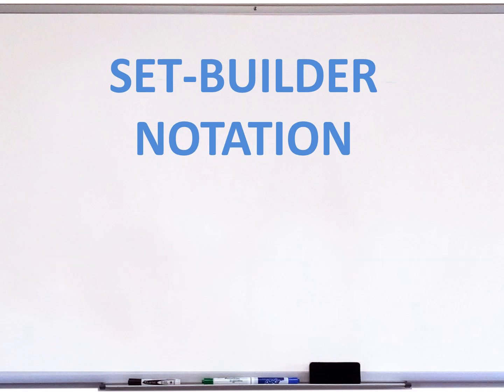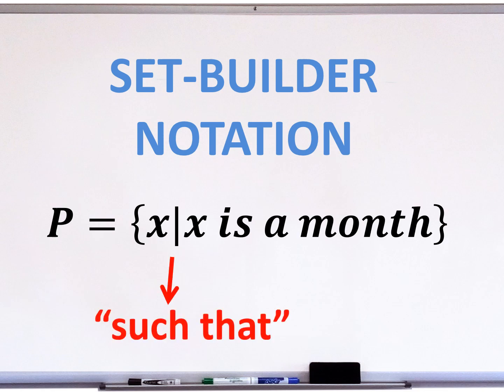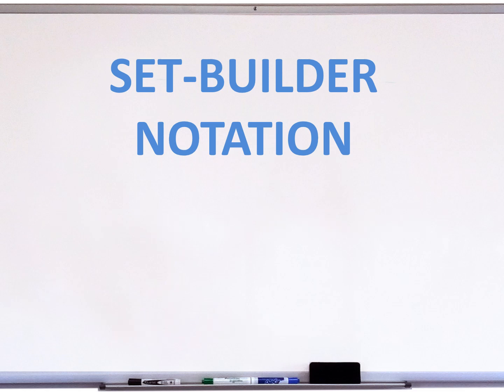Here is an example of a set in set builder notation, set P. This can be read as P is the set of x such that x is a month. As you can see here, the vertical line between the two x's is read as "such that."